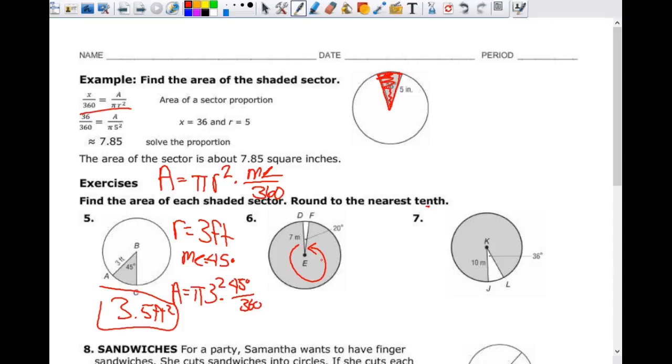You take 360 degrees, and you're going to subtract 20 degrees out. If you subtract this 20 degrees, you're left over with whatever's remaining. So, we know what our measurement of our angle is. We need to figure out what our radius is. Our radius was 7. So, we know the formula, which is right here, pi times 7 squared times 340 divided by 360.